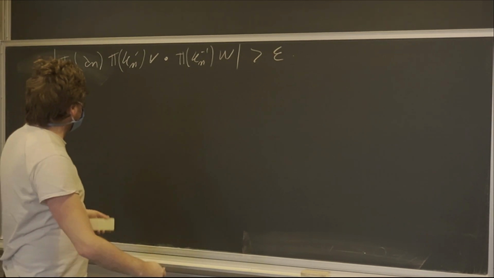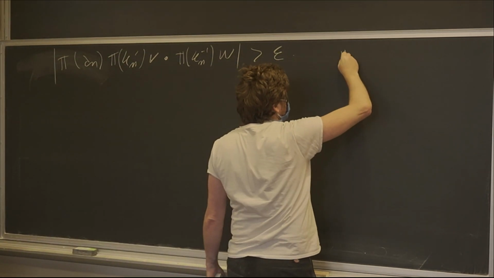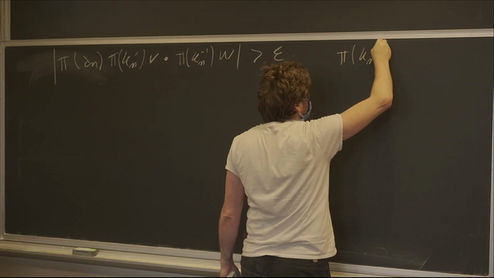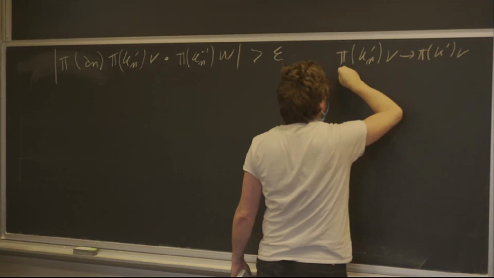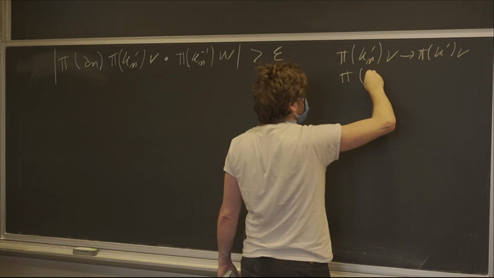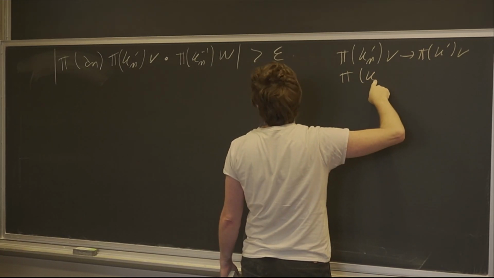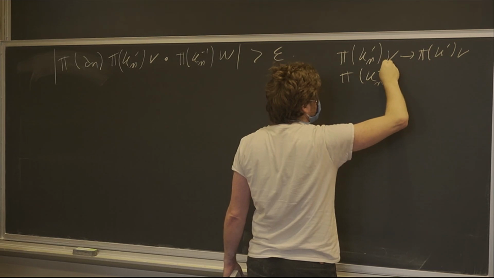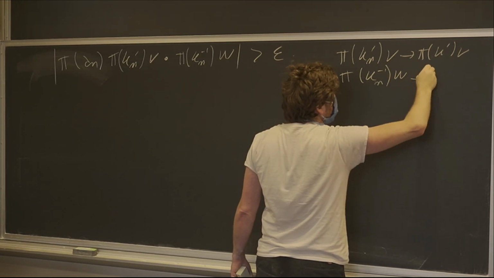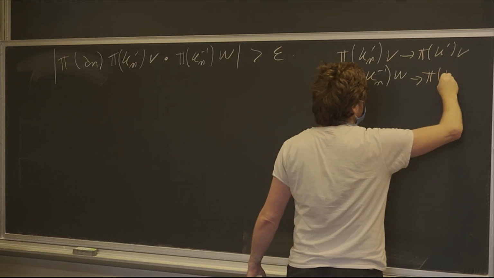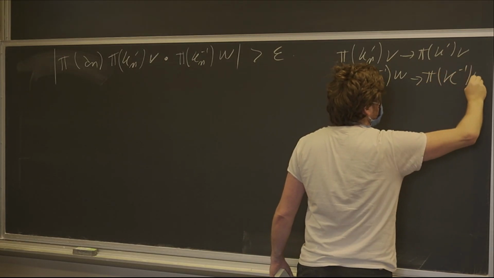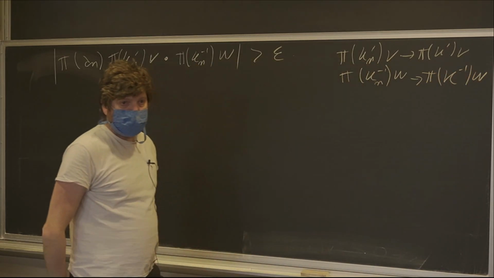On the other hand, I have that π(k_n' v) goes to π(k' v) in the strong form, and π(k_n^{-1} w) goes to π(k^{-1} w) in the strong form.